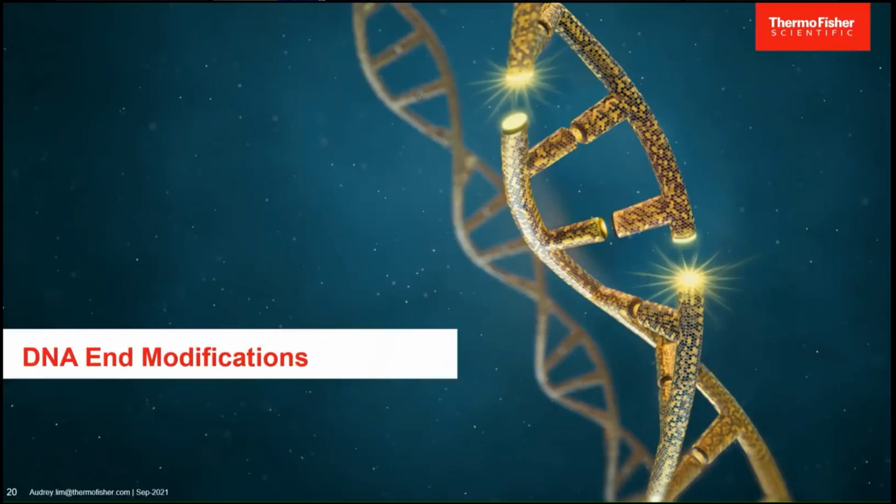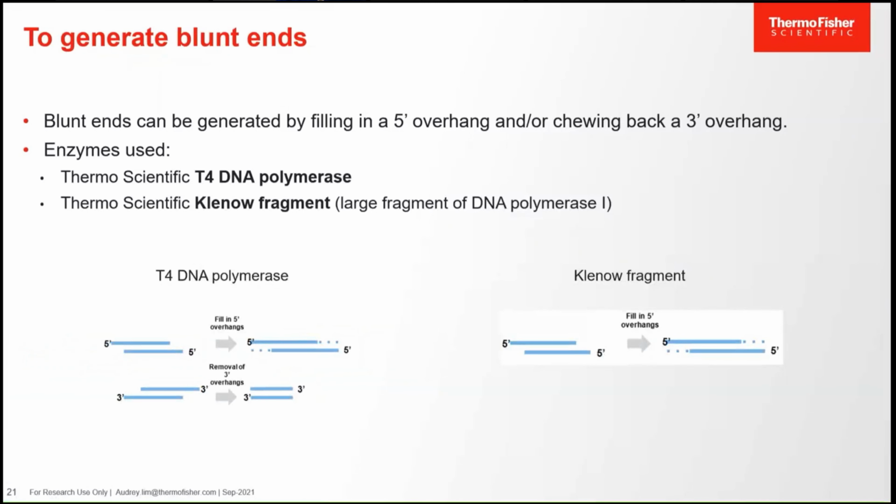Okay, so now that we have already covered the topic of restriction enzymes, let's move on to the end modifications that are performed after the restriction digestion. For blunt end cloning, you will sometimes need to generate a blunt end from a sticky end. Blunt ends can be generated by filling in the 5' overhang or chewing back the 3' overhang.